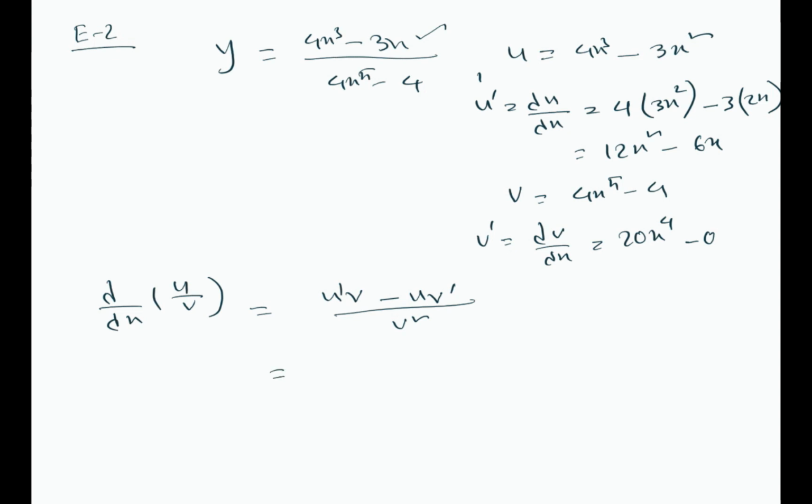So putting those values, I can write u prime is 12x squared minus 6x into, and now b, what is b?